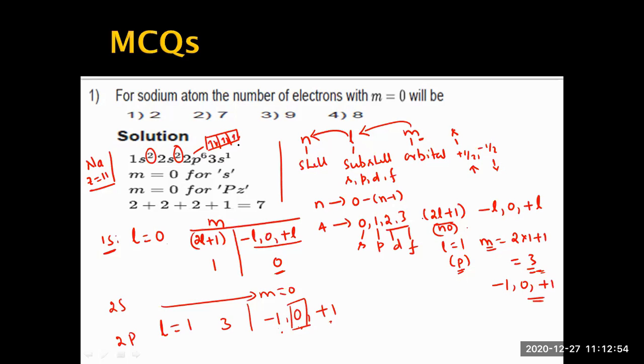Which are the values possible for m? -1, 0, +1. So you have to count 2 electrons here also, because there is an orbital with m is equal to 0. So tell me now, 2 plus 2 plus 2, and here is again 1. So totally 9 electrons have m is equal to 0.